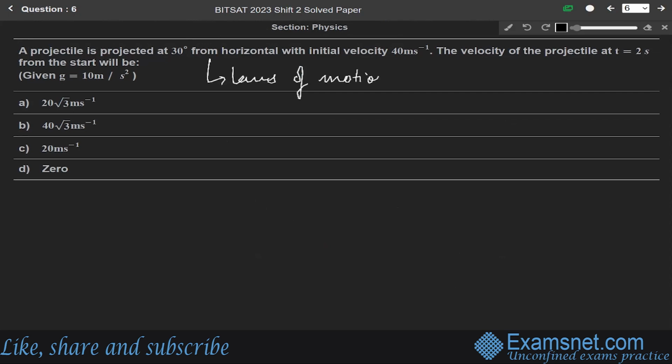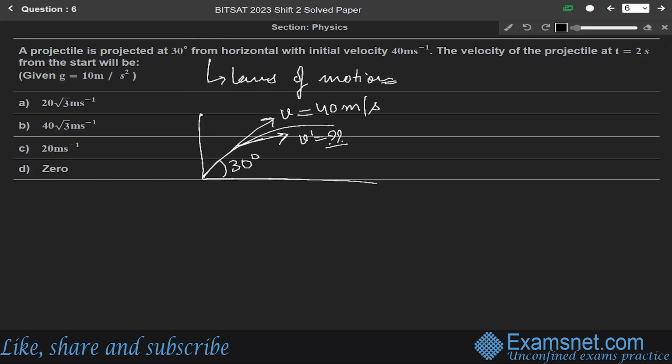According to the question, a projectile is projected at an angle of 30 degree with initial velocity, let us say u, given as 40 meter per second. The velocity of projectile at t equals 2 seconds. So after t equals 2 seconds, we have to find this velocity.